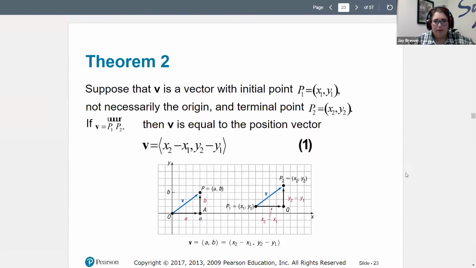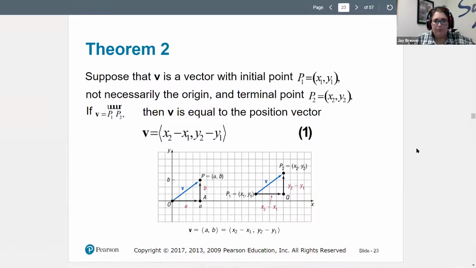All right. Theorem 2. Suppose that v is a vector with initial point p sub 1 equal to x sub 1, y sub 1, not necessarily the origin, and terminal point p sub 2 equal to x sub 2, y sub 2. If v equals p sub 1 p sub 2, obviously in vector form, then v is equal to the position vector, and there's the following.